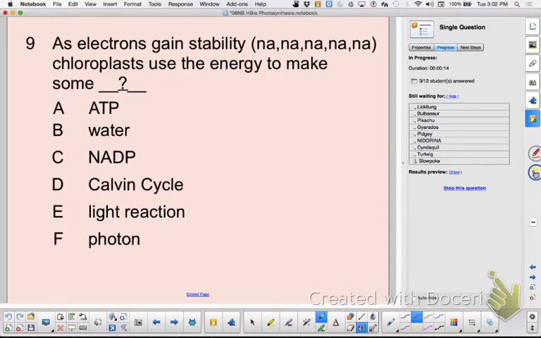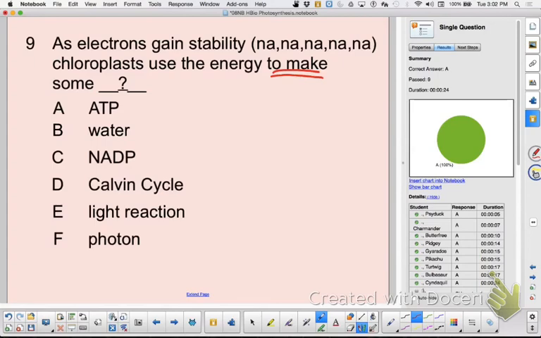Not reduce, but to make. Not reducing, I'm making. What is it that you make?